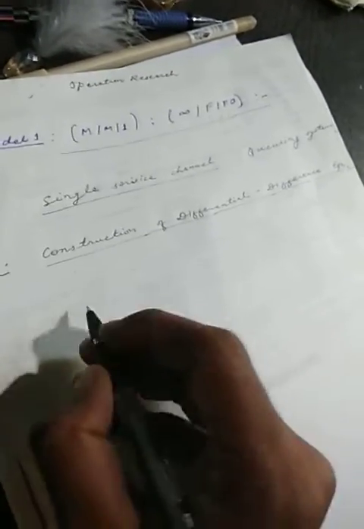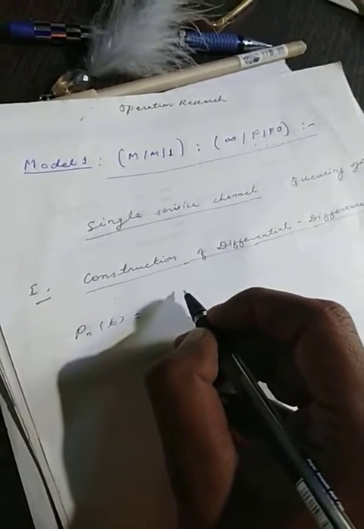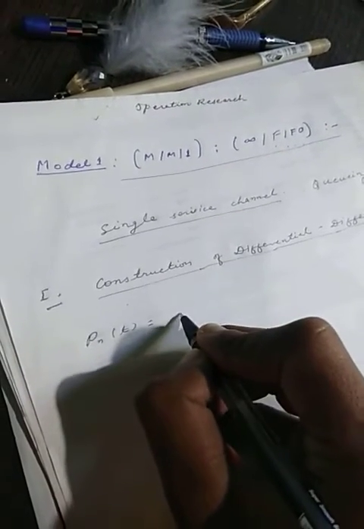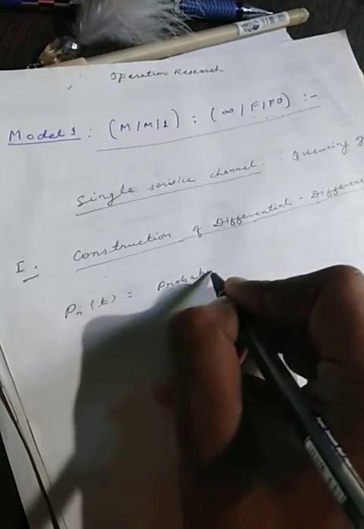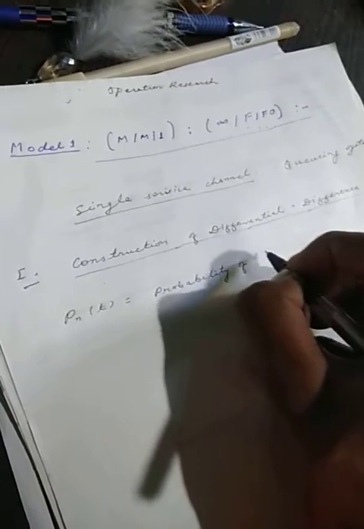Okay, so let's see. Let Pn be the probability that there are n customers in the system at time t. So Pn, the probability of n customers.